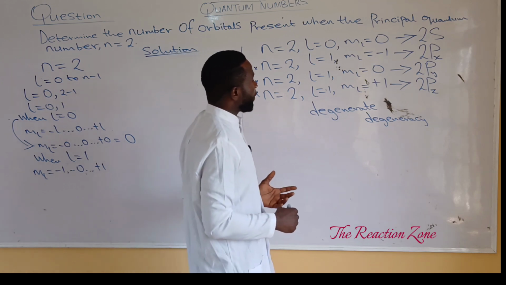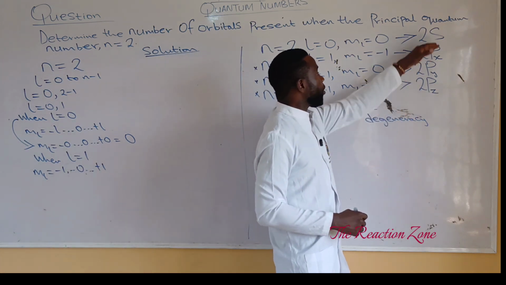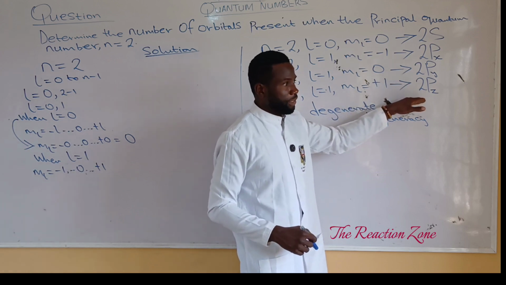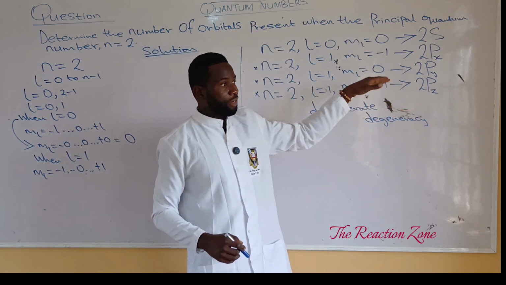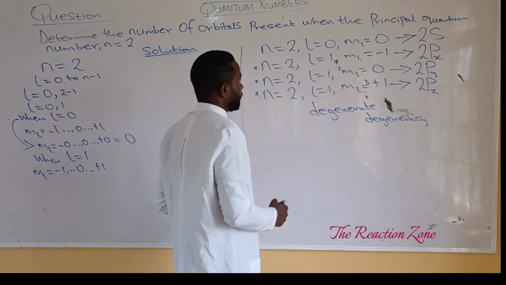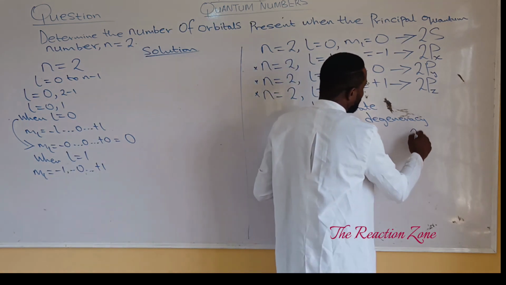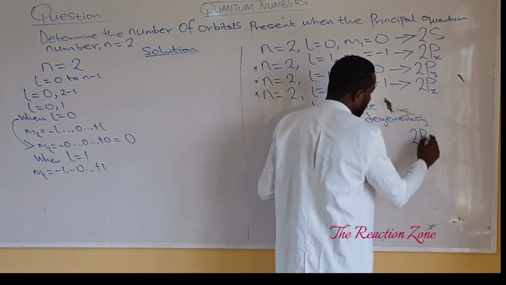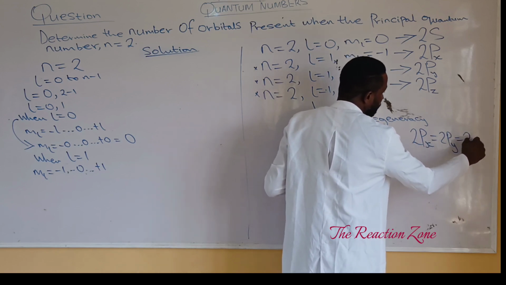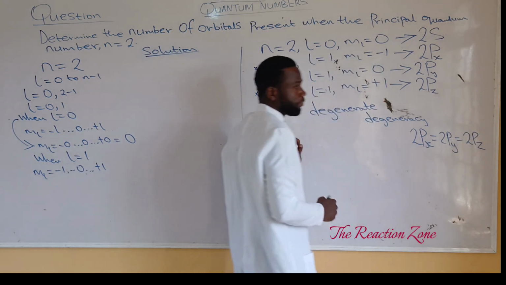So, despite the fact that these three p orbitals have equal energy, their orientations in space are different. So, this means that the 2px orbital in terms of energy is equal to the 2py, and the 2py is equal to the 2pz.